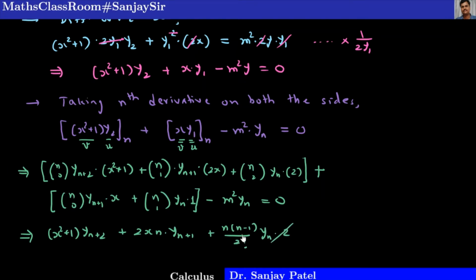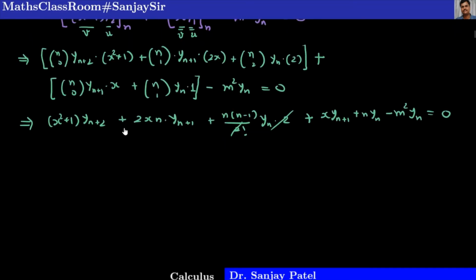So these two will be cancelled. Plus, now for this bracket again, nc0 is 1 into x, so it is x into yn plus 1. And here nc1, that is n into yn, so plus n into yn, and last step is as it is, minus m square into yn is equal to 0. Okay.